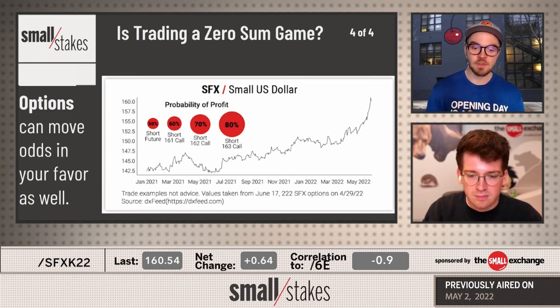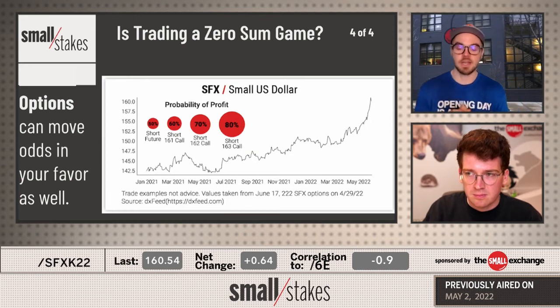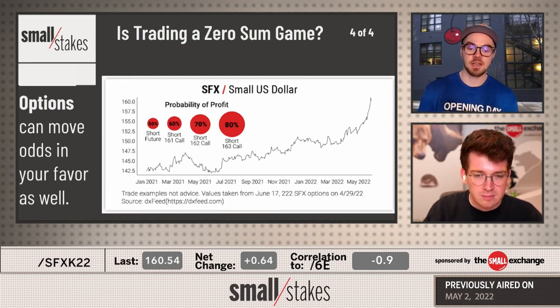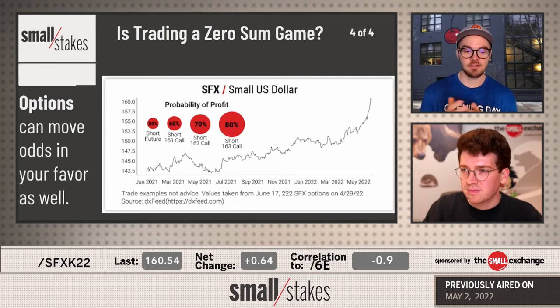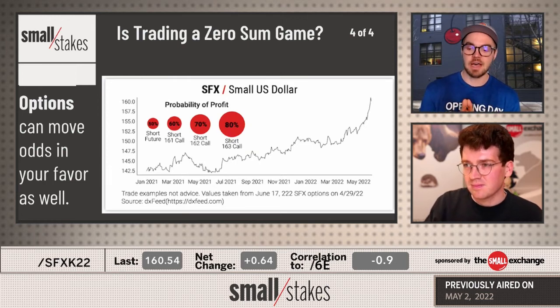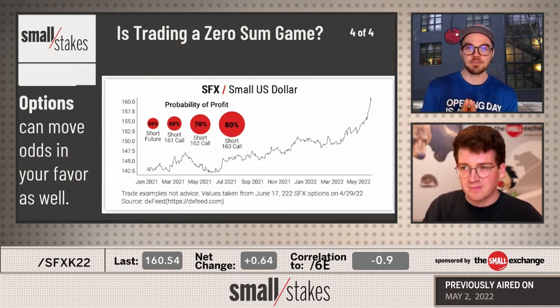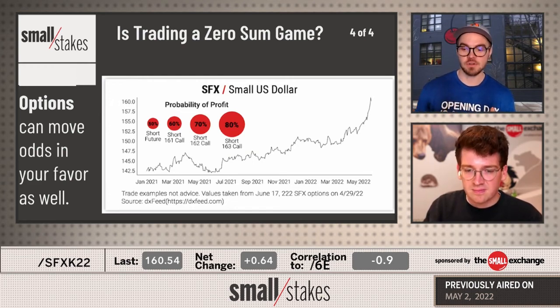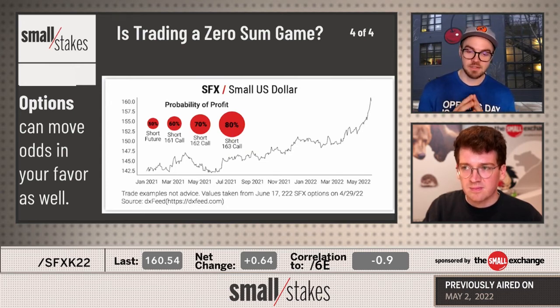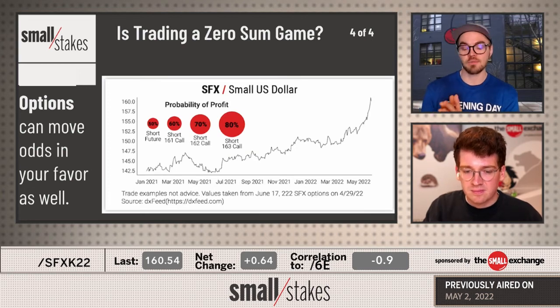So for me, I think when you're trading undefined risk options in a product like SFX or any of the other products, that extrinsic value just gives you the added flexibility. And like you're saying, the heightened implied volatility, depending on where you're selling that premium, it just adds to your profit potential in terms of probability. But again, it's a fluid thing versus more of a static thing in shorting or getting long the contract outright.